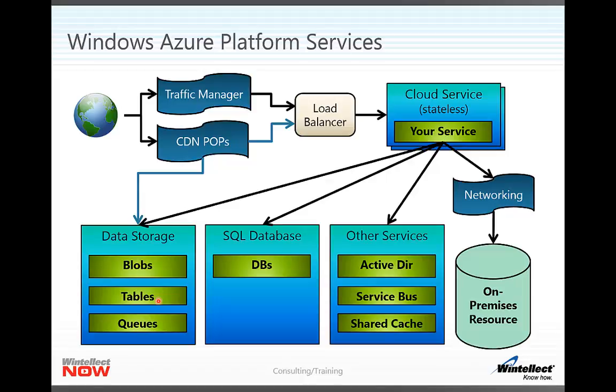And then we also have in data storage service queues. Queues are typically used as a way of communicating some workflow from one of your machines to another one of your machines as part of your data service. For example, you might have some front-end web servers that process incoming client requests as users are looking at your inventory of the products that you sell and they're adding items into their shopping cart.